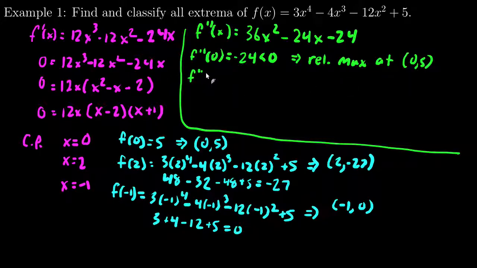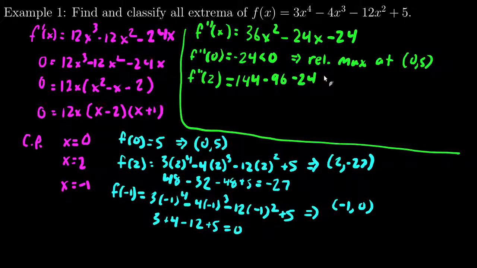And I can do the second derivative evaluated at 2. And let's see, 2 squared is 4. 4 times 36, that's going to be 144. 4 times 24 is 96. Let me do this. 144 minus 96 minus 24. And so now this one, it's 24.